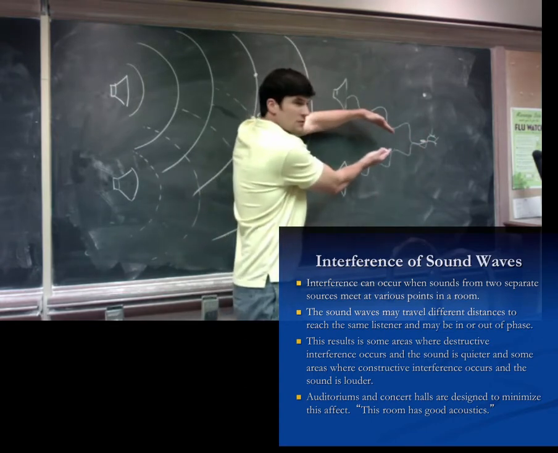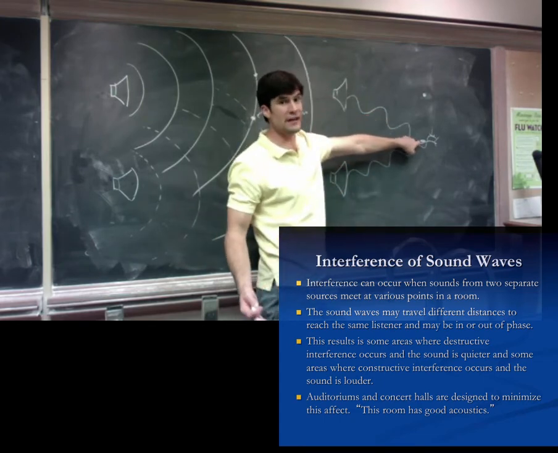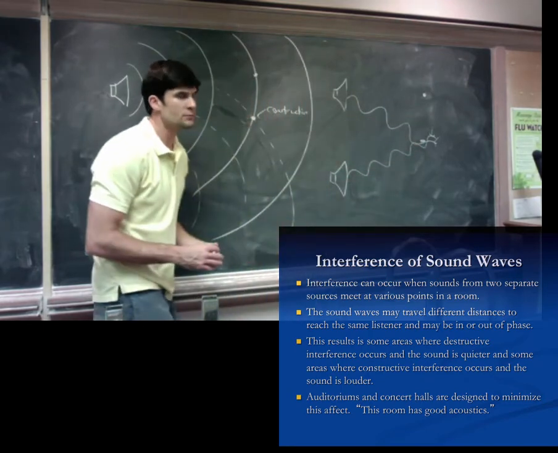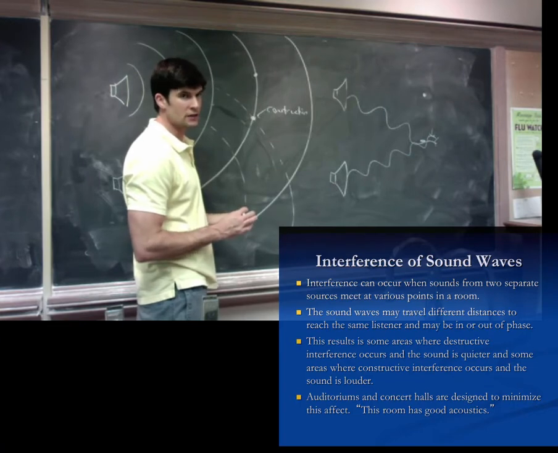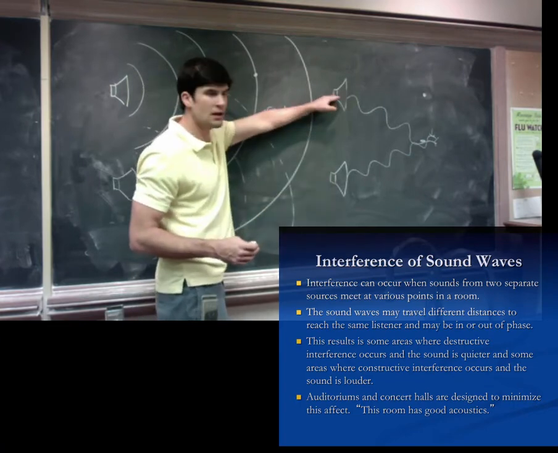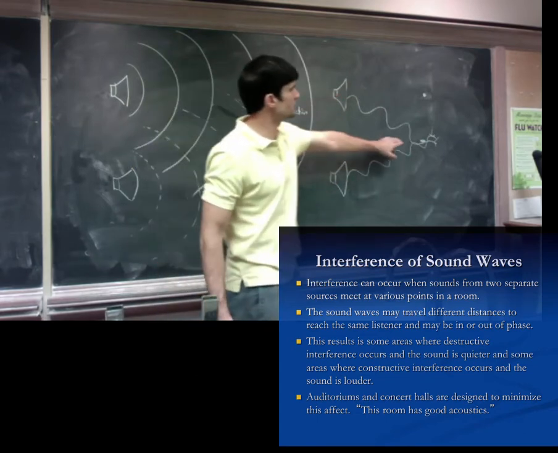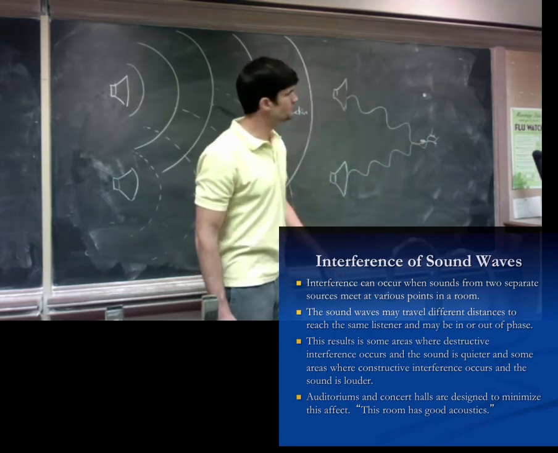They travel either the same distance to get to this point, so they arrive in phase with each other, or the difference in the path length is some multiple of a wavelength, so that if one wave is lagged behind the other, it's lagged by one full wave, so it still reaches that point in the same phase as the wave from the other source.